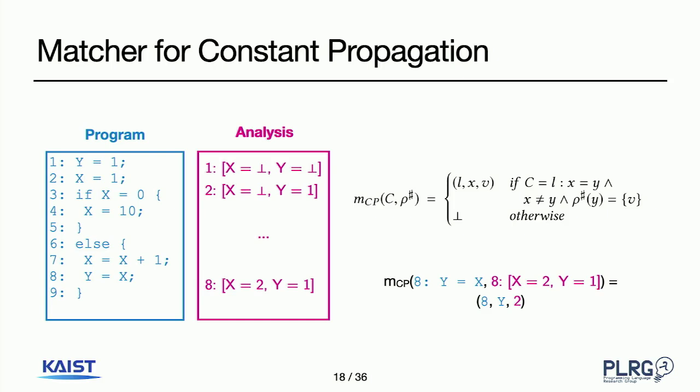The matcher for constant propagation matches the statement when the target statement is an assignment statement of a variable expression, and the target variable has only a constant possible value. Then it returns a triple consisting of the matched label, the assigned variable, and the constant value. So in this example, the matcher matches the label A to produce a triple: A, Y, and 2.